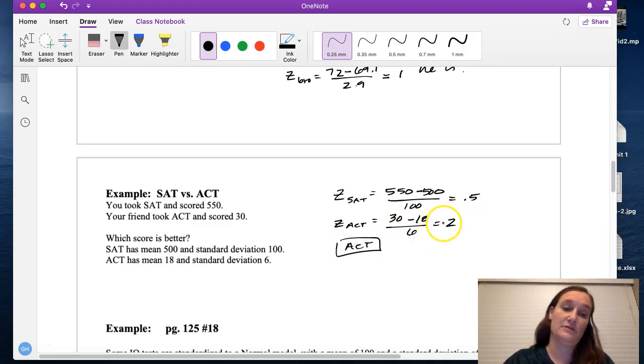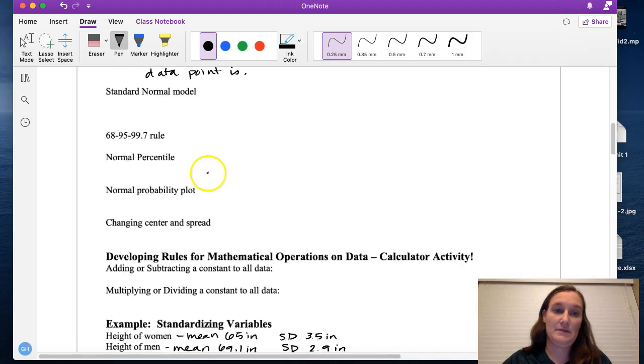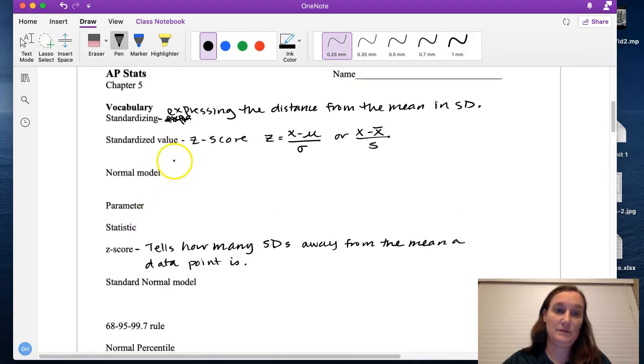Your friend did better relative to everyone else who took the ACT versus you relative to everyone else who took the SAT. So it just standardized it. They're two completely different grading scales, but that way you can see which one did better relative to the norm.